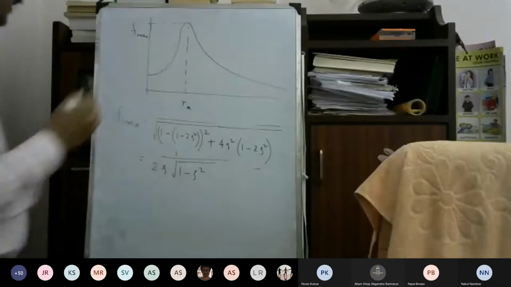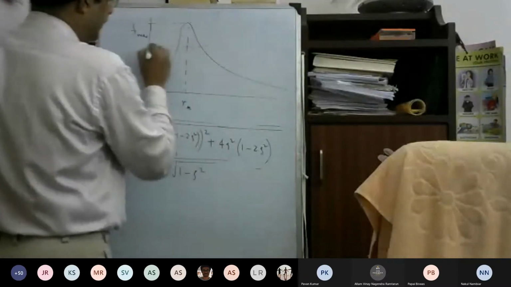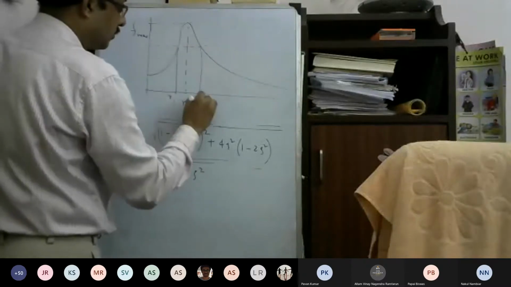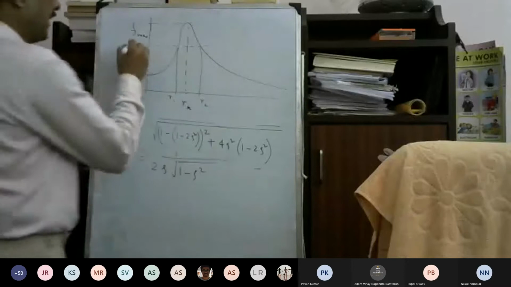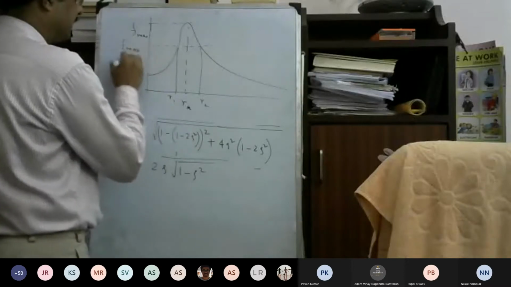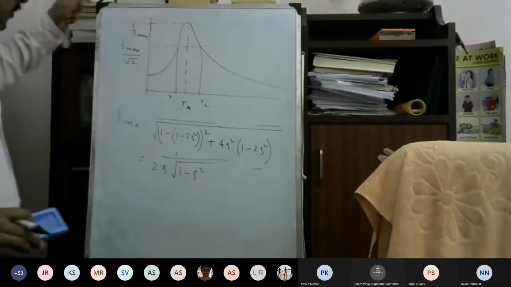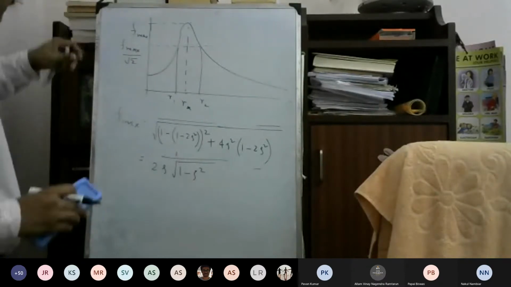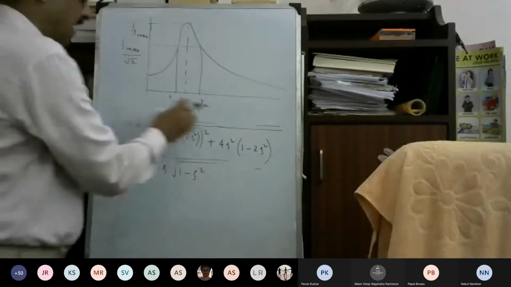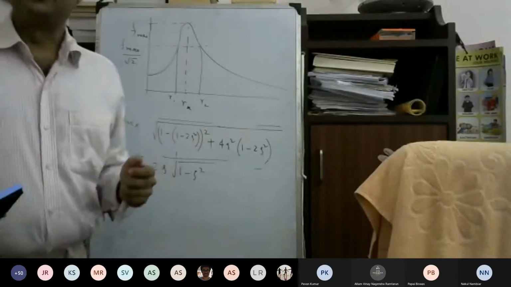Now we may be interested in finding out where these two frequencies R1 and R2 are, where this is F max divided by root 2. Now why root 2? Because the difference between R1 and R2 is called the half power bandwidth. Why? Because the power depends upon the amplitude square.